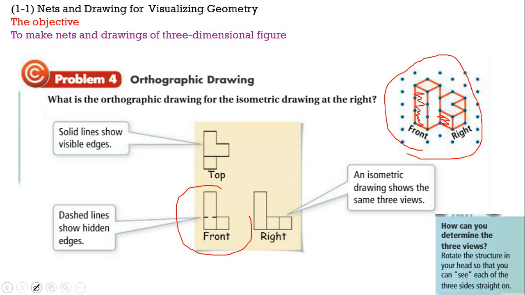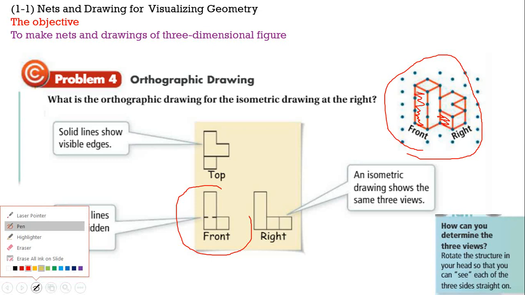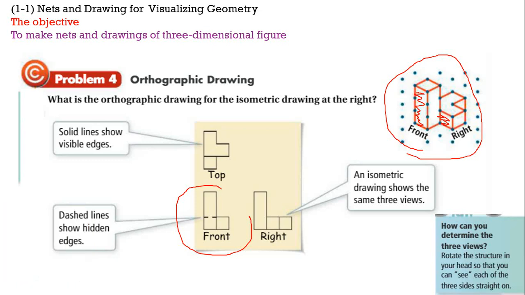What you can see on the top, let me change the color. What you can see on the top, this one and this one. So you need to realize that this part is here, while this part is here.